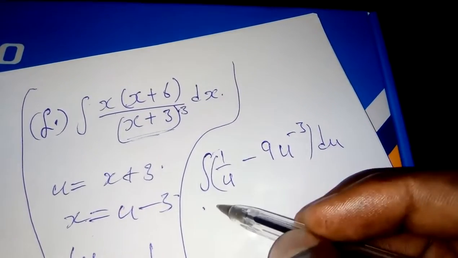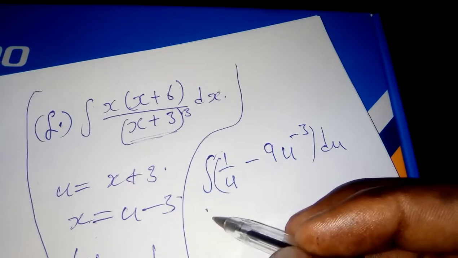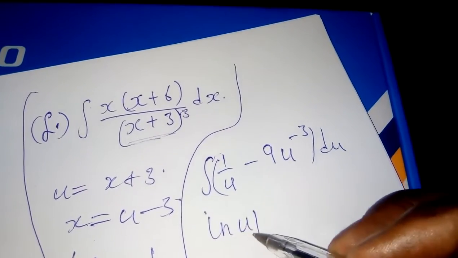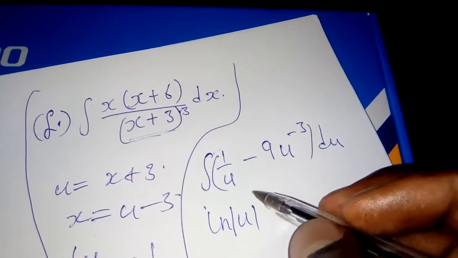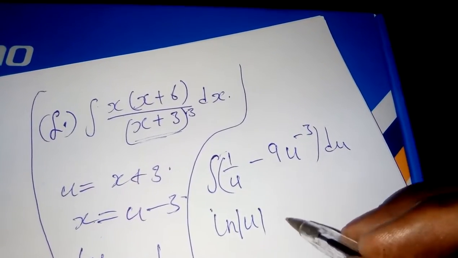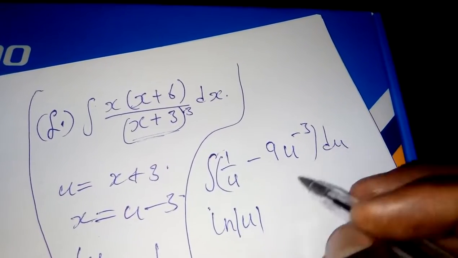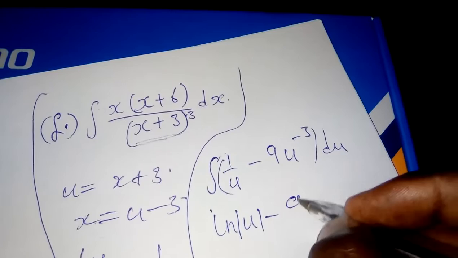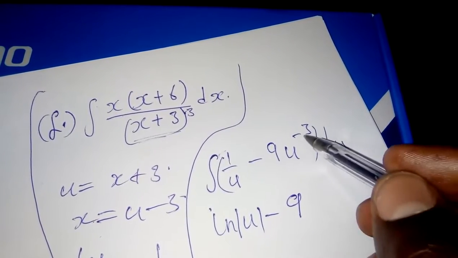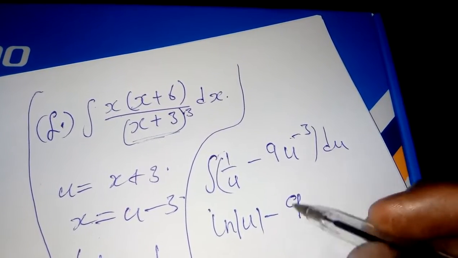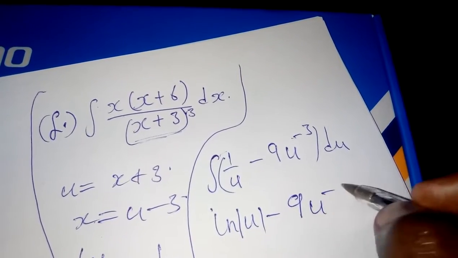So the integral of 1 over u there gives me the ln of u. Of course, this is supposed to be in absolute value brackets. So here, when you integrate that, you're going to get negative 9. When you add 1 to negative 3 there, you get negative 2.